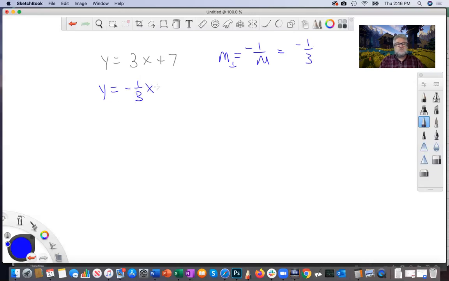And do they have the same y-intercept? Maybe. Or maybe they have different. Maybe this is 146. I don't know. Doesn't matter. This part is what makes them perpendicular lines. We don't care about these numbers unless we're given some specific information that we have to use a special y-intercept. But the 3 and negative 1/3 is the relationship between the slopes.